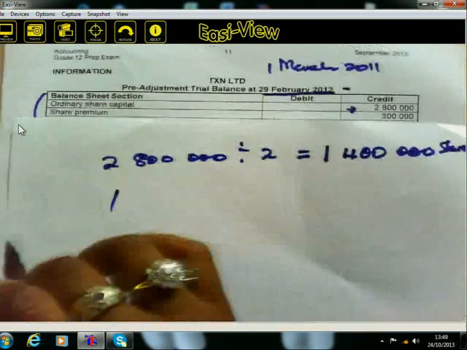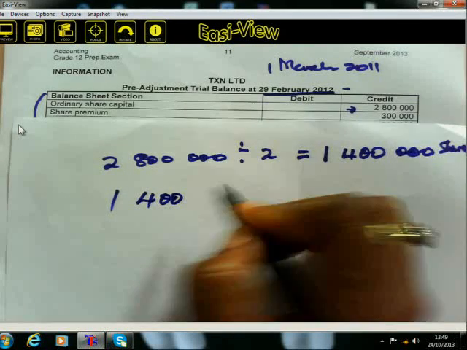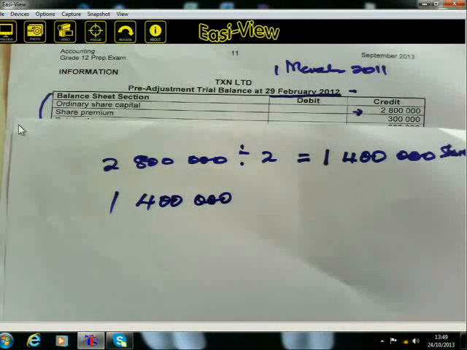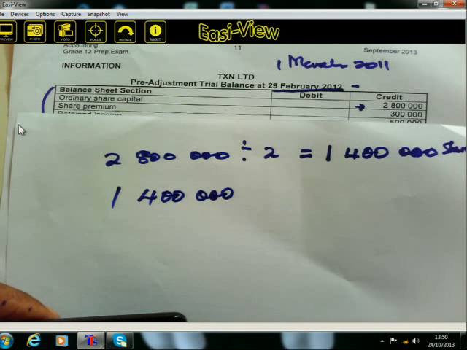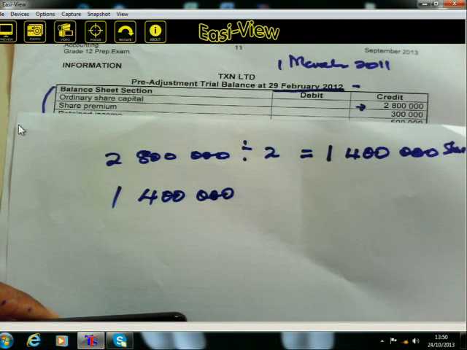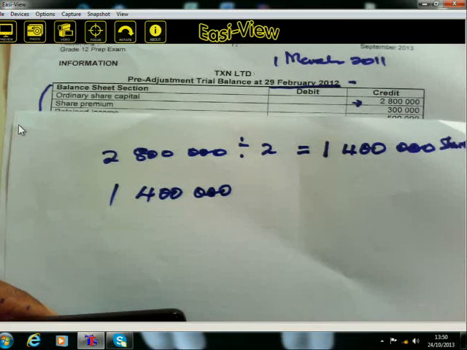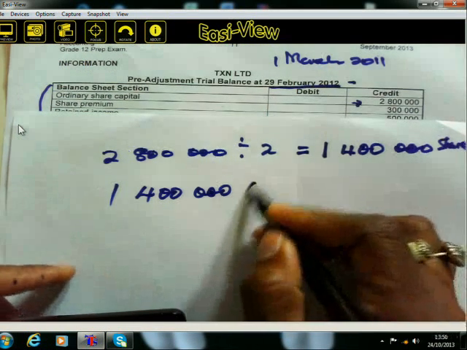So we take that 1,400,000 being the issued shares, because you know for each share one must have a slice of bread. So we say, not divide, but 1,400,000 multiply by 0.05. Remember, it's 5 cents.